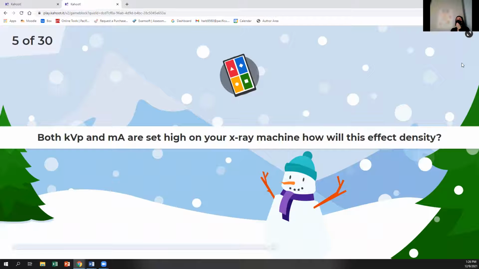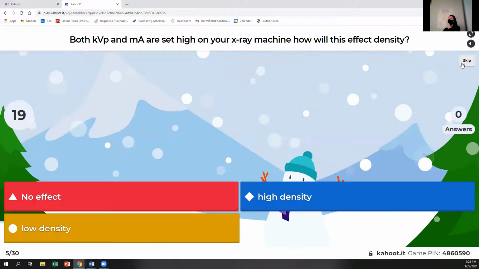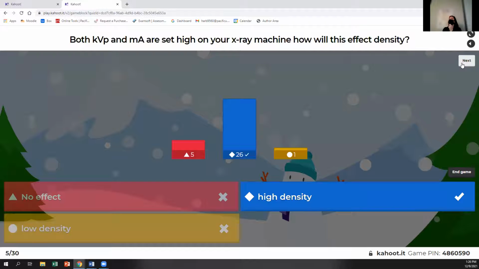Both KVP and MA are set high on your X-ray machine. How will this affect density? So both KVP and MA are set high. High density. So more power, more available electrons is going to lead to potentially higher density or a darker film.